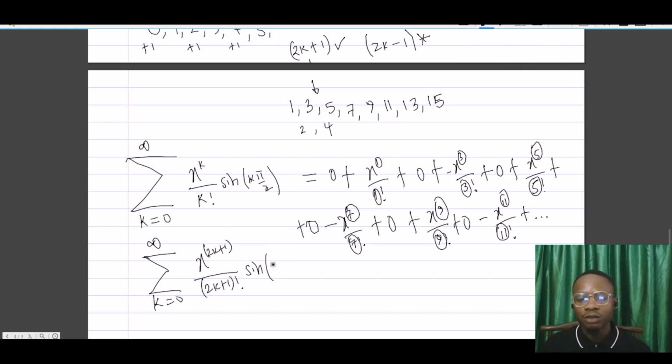Should be 2k plus 1. All of them will be changed to 2k plus 1. Then multiply by pi over 2. What will be the implication of this? This will mean that we will have successfully jumped all of this.